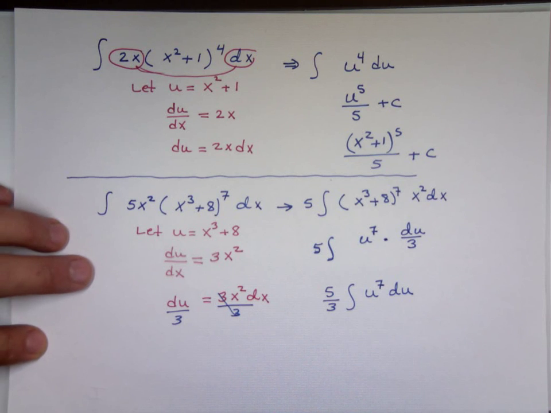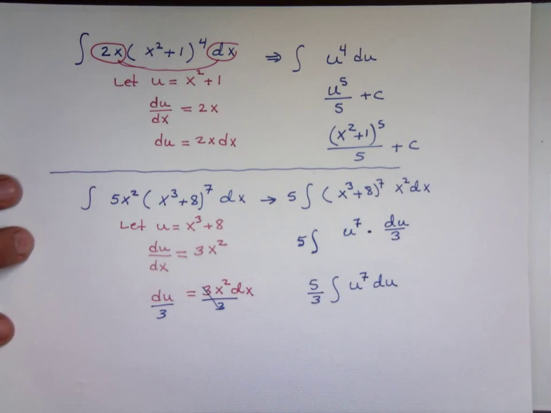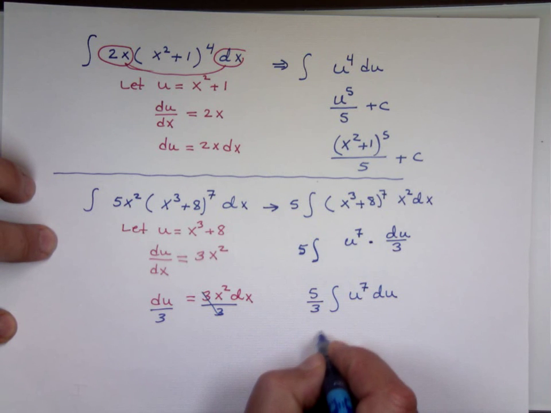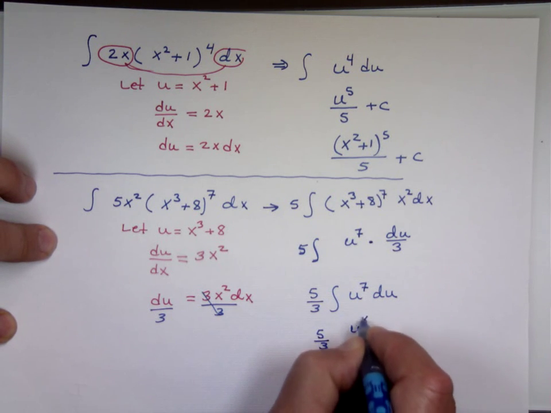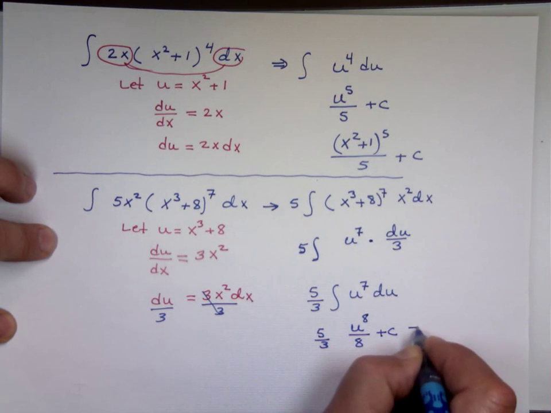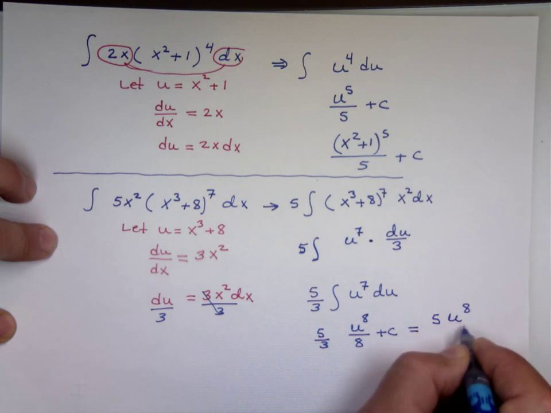So if the number is the only problem, we can fix that. We can play with the algebra and take care of it. So that's u to the 7th. Now add 1 to the power and divide by the new power: u to the 8 over 8 plus c, which is equal to 5u to the 8 over 24 plus c.